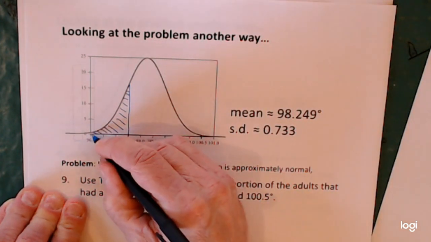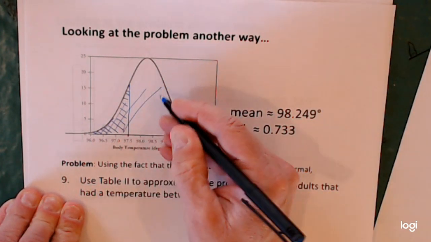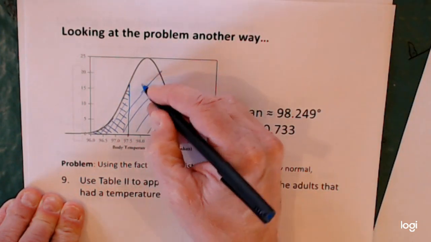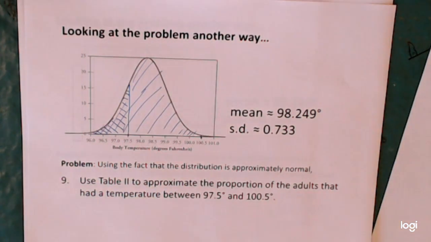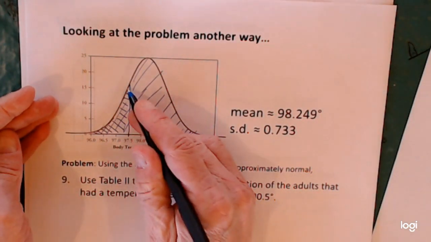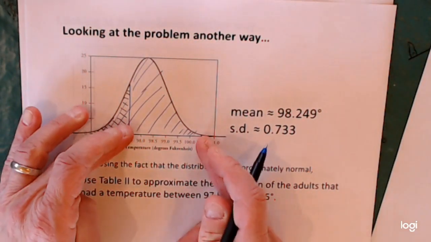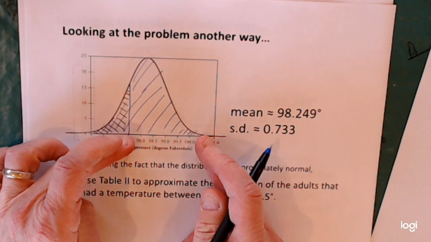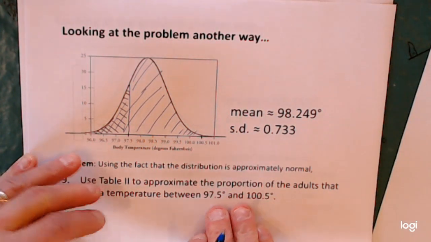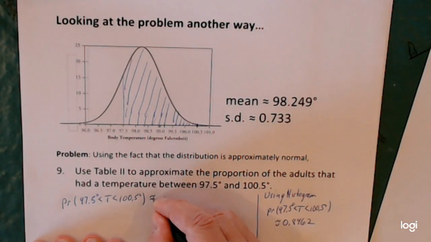And I've also found the proportion of observations to the left of 100.5. So how are those related? Right? We know the area to the left of 97.5. I know the area all the way to the left of 100.5. So if I want to find the area in between, I can just subtract.